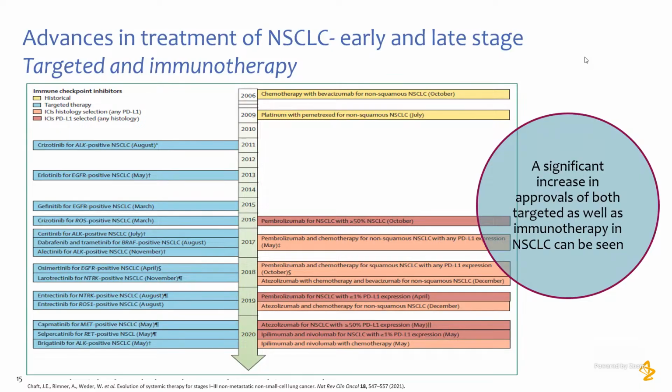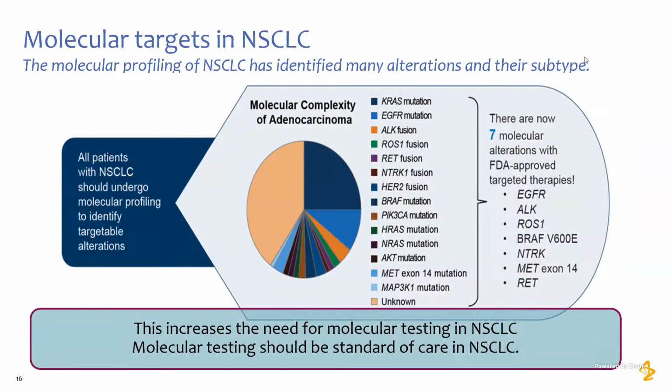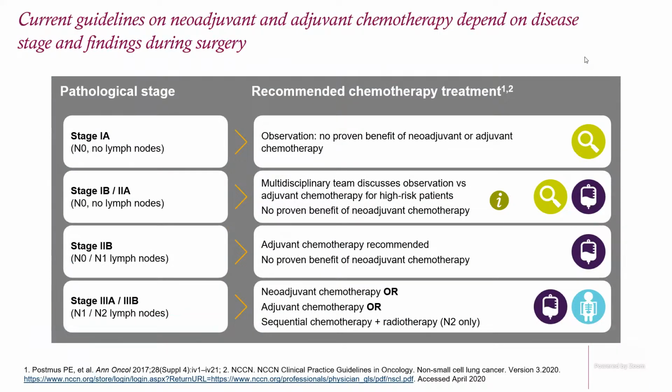A significant increase in approvals of both targeted therapy and immunotherapy in non-small cell lung cancer can be seen in the last decade. And these are the various targets that we look for nowadays for using targeted therapy in non-small cell lung cancer patients.